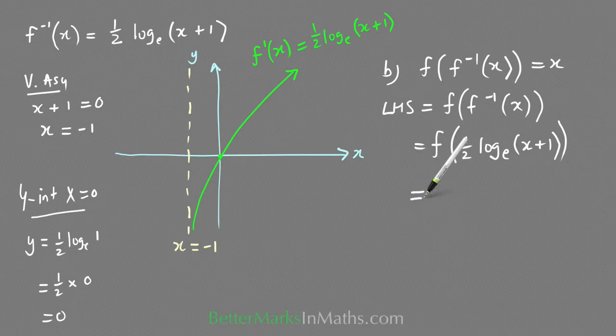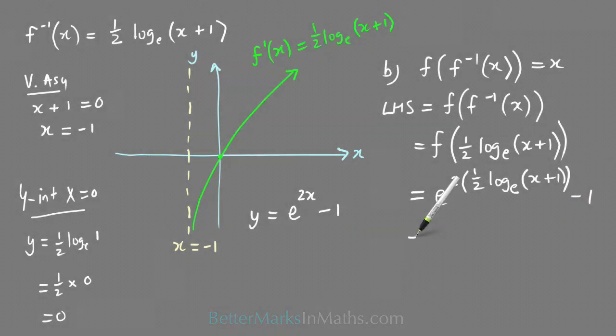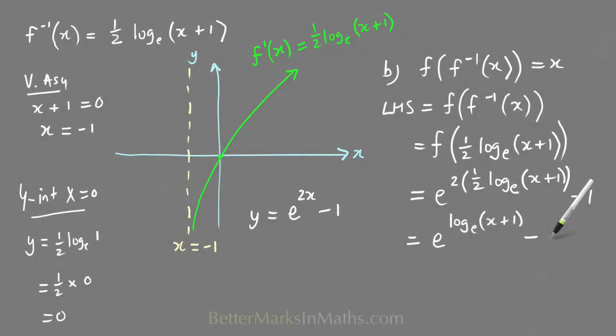And then all you're doing is subbing into the original function, which is y equals e to the 2x minus 1. So into here, where that x is, you're going to put this function here. So this function becomes e to the 2 times then all of this, so 1/2 log e of x plus 1, and that's another bracket, and then minus this 1. And 2 times 1/2 equals 1, so that becomes e to the log e of x plus 1 minus 1.